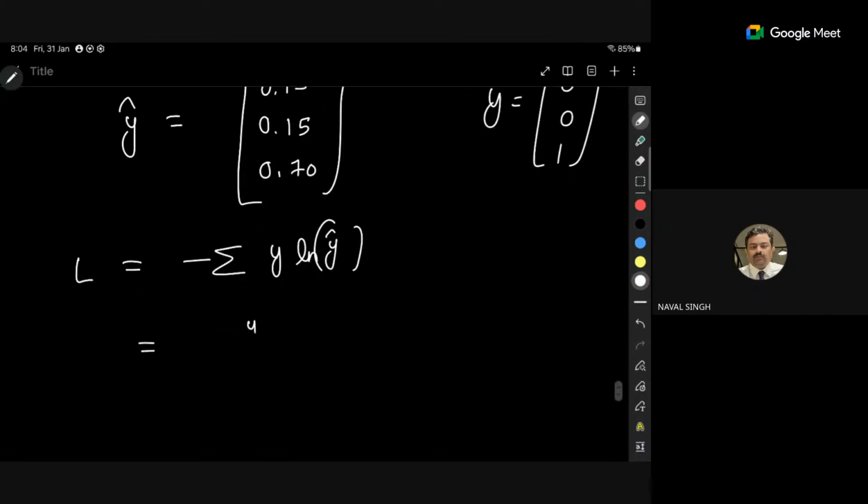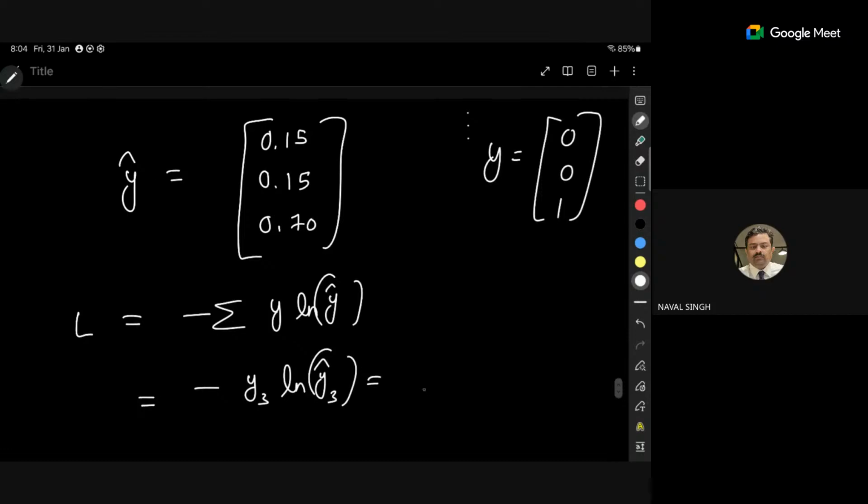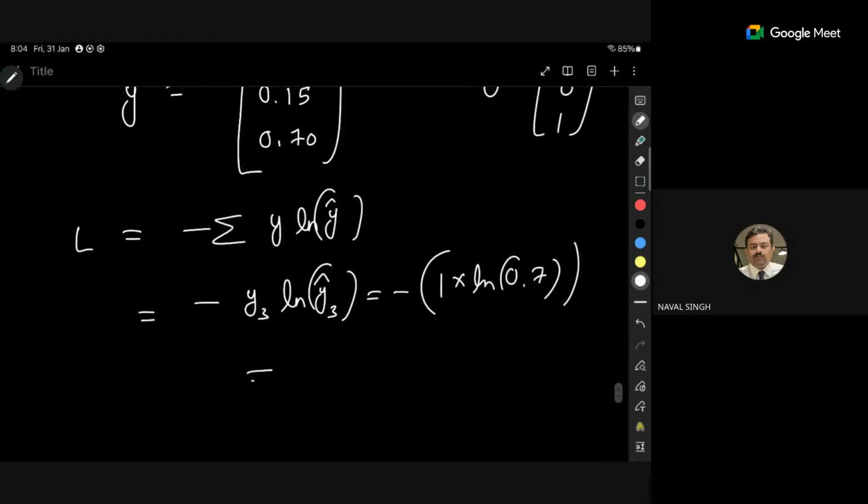Y3 ln y hat 3, so that is 1 times ln of 0.7, negative of that. If I do this, the answer is going to be 0.35. Fine.